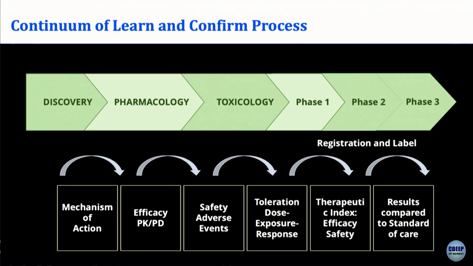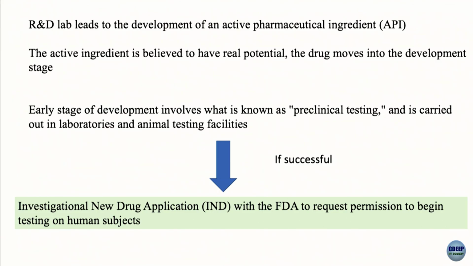Then in phase 2 a larger pool is taken and you look at the therapeutic effect or efficacy and safety of this drug, and finally the result is compared with any standard care that has been developed by any method. Once this is done, then we are set.